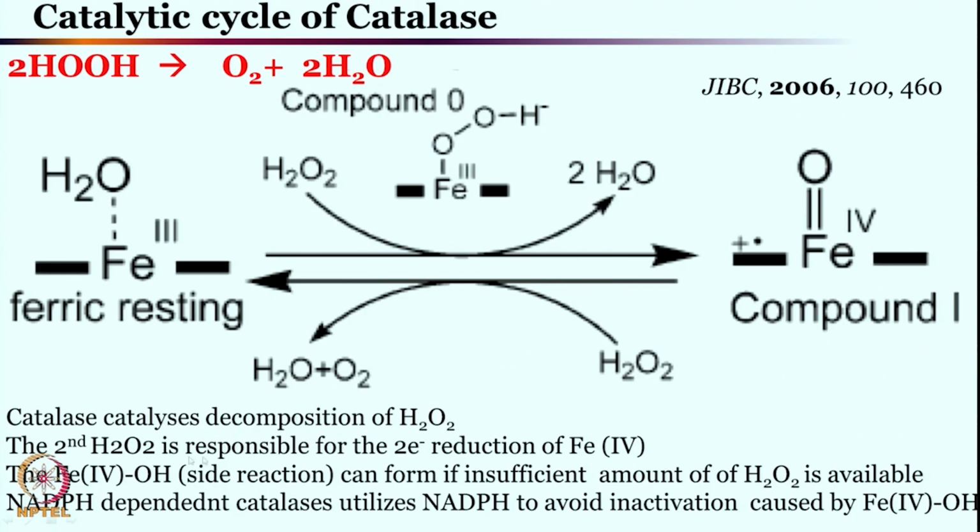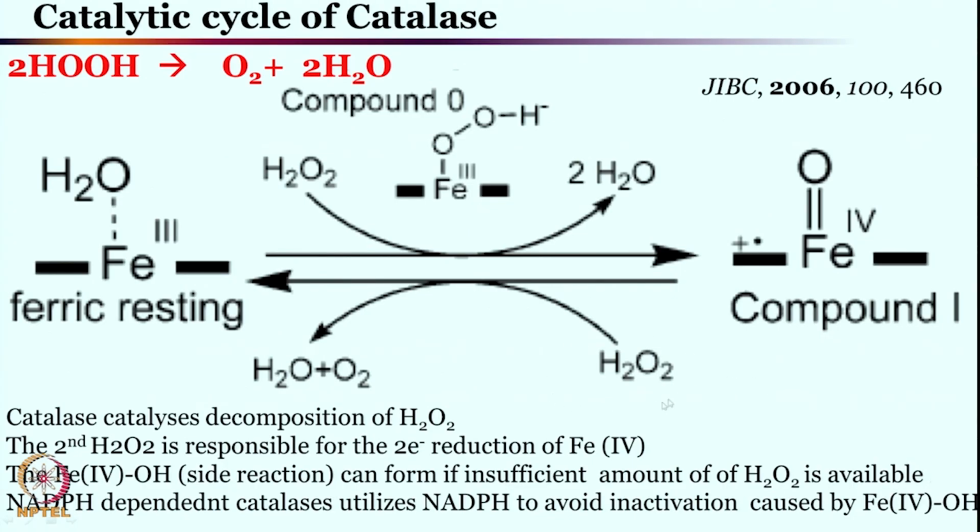The second H2O2 is responsible for the 2 electron reduction of iron 4. This is essentially iron 5, because the radical cation is there. So the second H2O2 is responsible for the reduction by 2 electrons of this high valent iron intermediate to the iron 3 intermediate. The iron 4 hydroxo that is generated in the peroxidase chemistry can still form here if an insufficient amount of hydrogen peroxide is available.